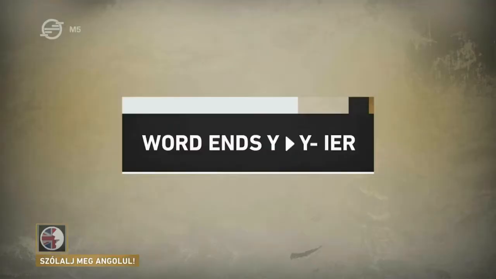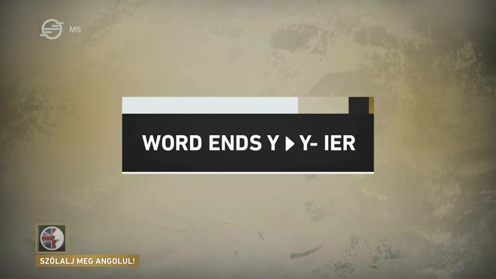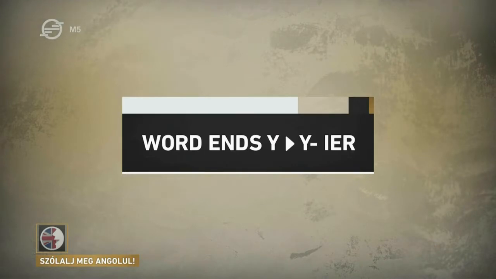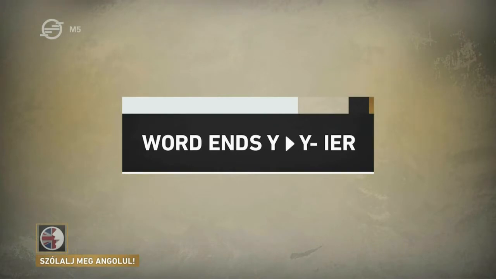Great. And what about that other group? Which group, Gav? The group of words that ends in Y. Oh, that group. Yes, that group. So, what happens to an adjective which ends in Y? How do we change the adjective to make the comparative form? Well, with adjectives ending in Y, we replace the Y with IER.